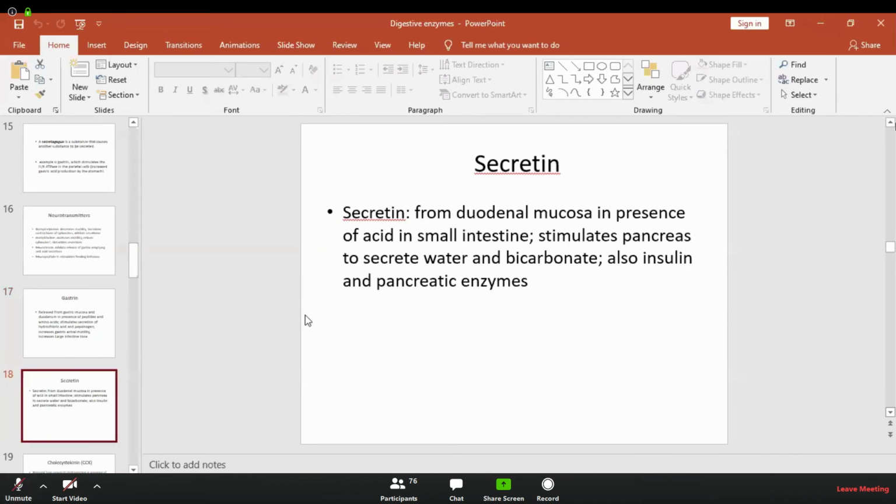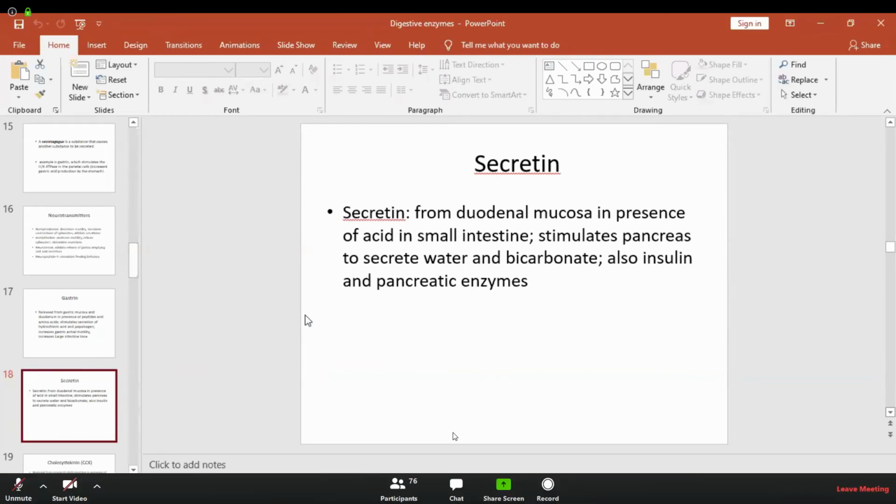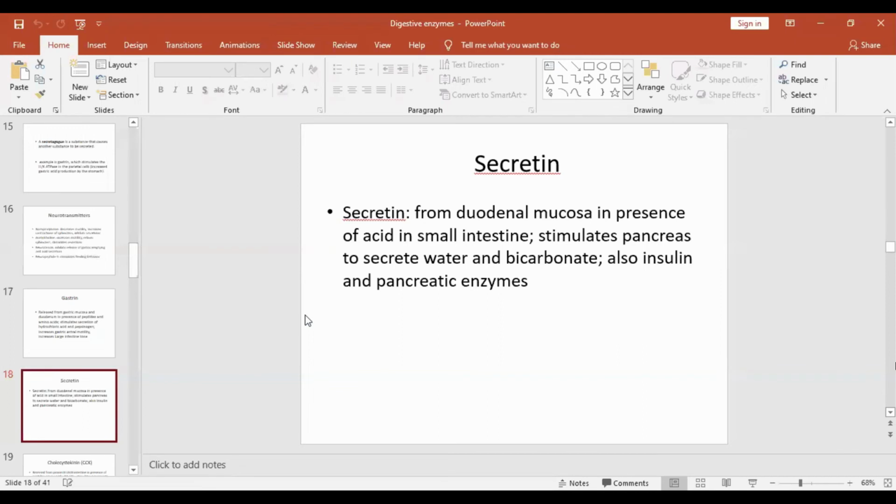We are talking about the different secretory hormones: gastrin, secretin. Now coming to secretin, it stimulates the pancreas to secrete water and bicarbonate. Bicarbonate is an important compound because when food enters the stomach, the gastric lining, it encounters HCl, a highly acidic environment.